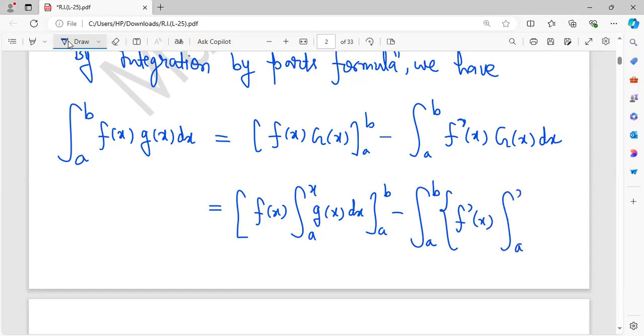The integral from a to x of g(x) dx, and the bracket closes.